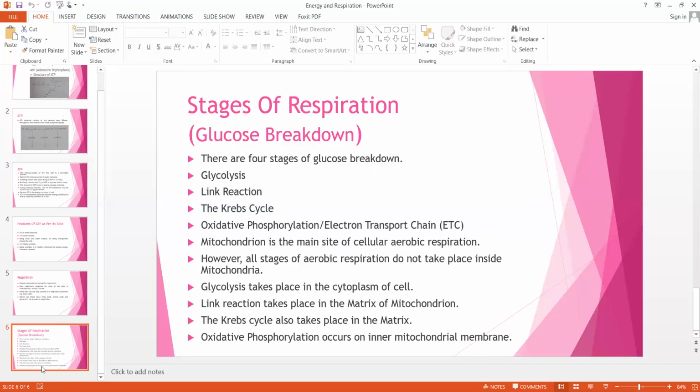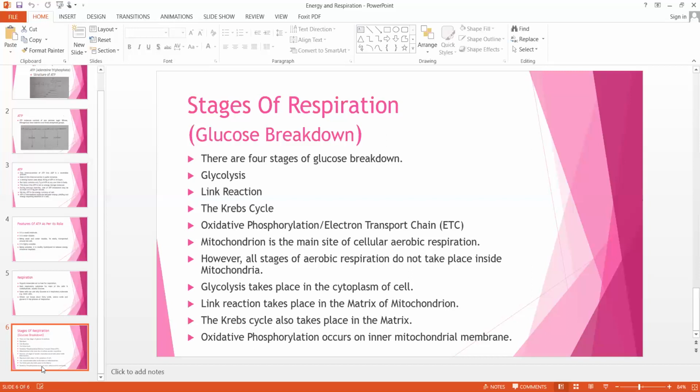However, remember that not all the stages I have mentioned take place inside the mitochondria. Glycolysis takes place in the cytoplasm of the cell, so it does not take place inside the mitochondrion. Glycolysis starts with glucose, and the end product of glycolysis is transported inside the mitochondria.